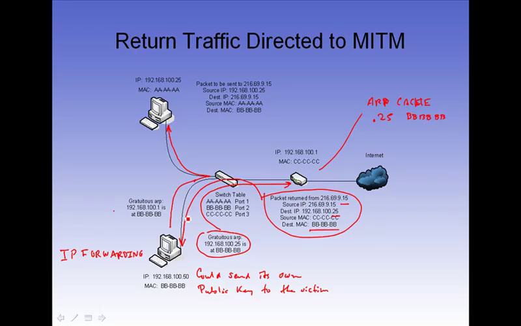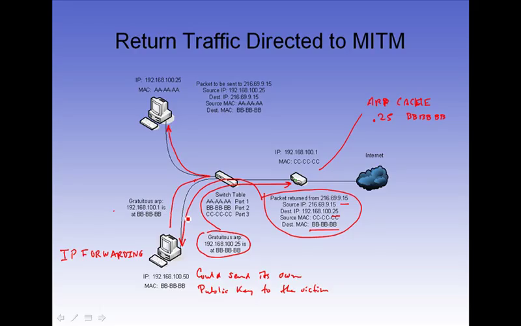So now you're still using SSL/TLS. But now you have two sessions going on. There's one between the victim and the attacker. There's another one between the attacker and the original destination website.